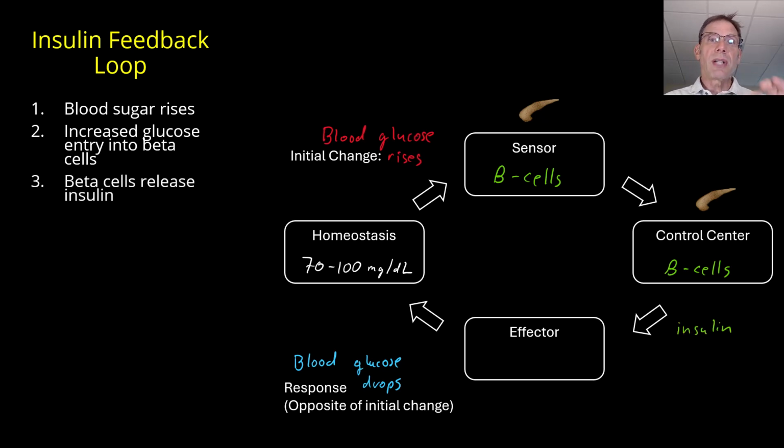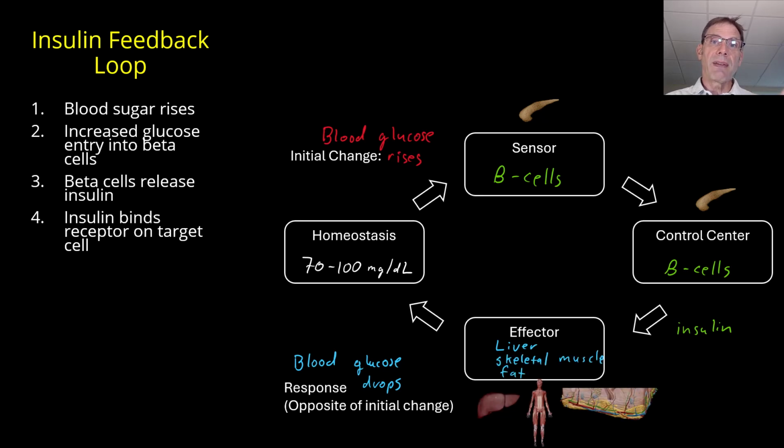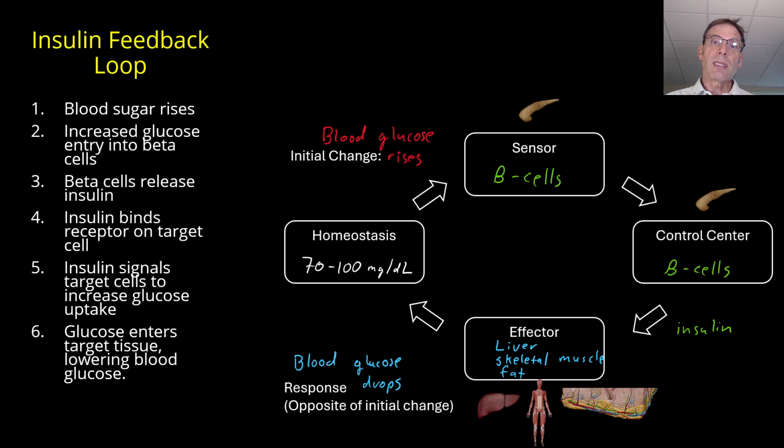The insulin travels through the bloodstream and binds to receptors in the target tissue, which includes the liver, skeletal muscle, and fat. The insulin signal causes cells in that tissue to increase glucose uptake. As glucose enters that tissue, it leaves the blood, which results in the drop in blood glucose.